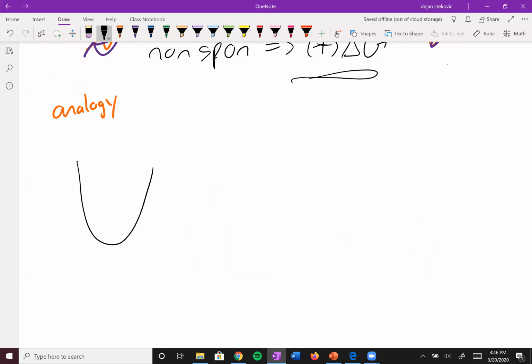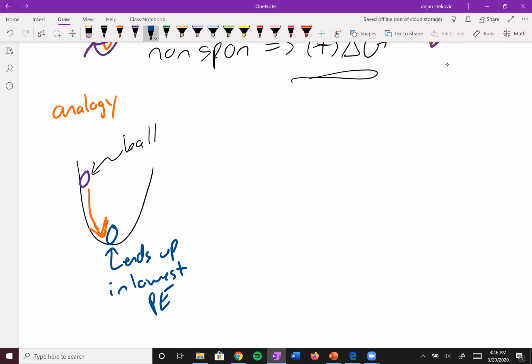We said, if we have a ball right here and we place it right here, over time the ball is going to roll down, and eventually the ball is going to end up here, in lowest potential energy.